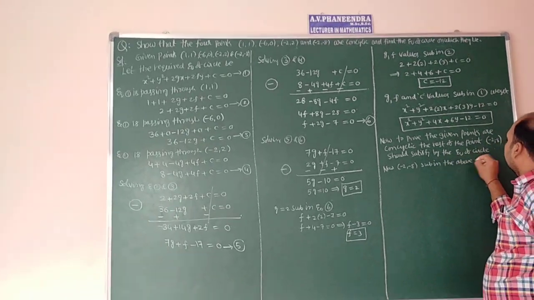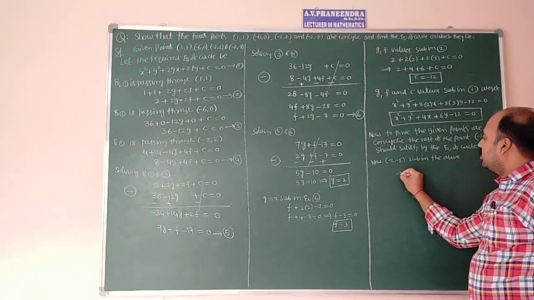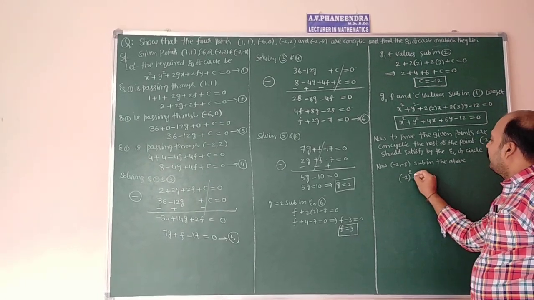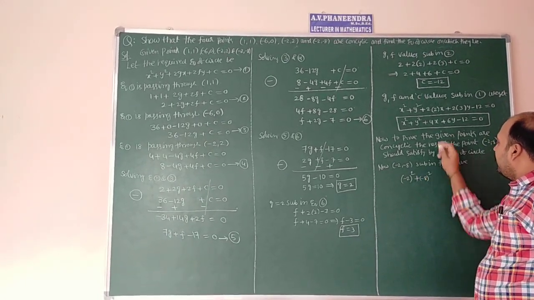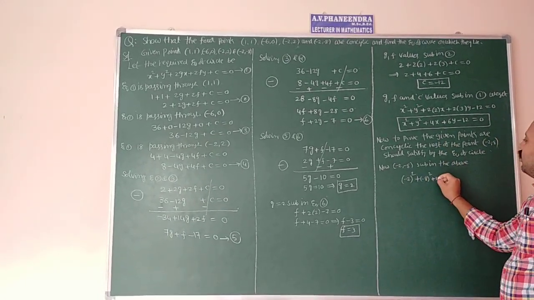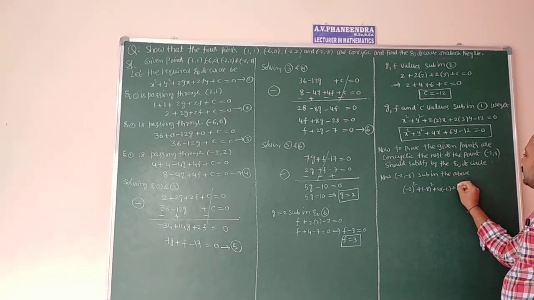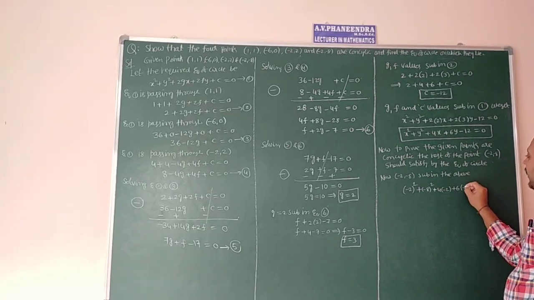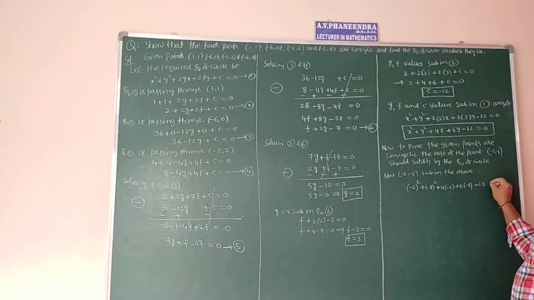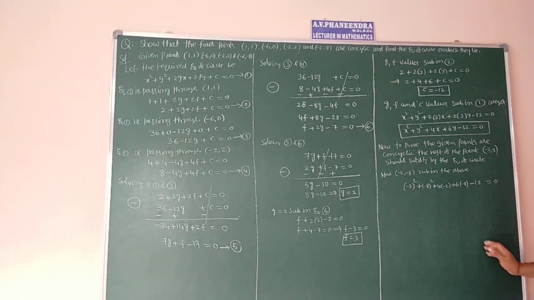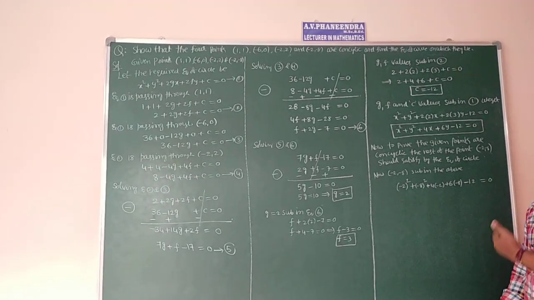So minus 2 whole square plus minus 8 whole square, wherever x is there, 4 into minus 2, plus 6 into minus 8, minus 12 equal to 0. If you prove 0 equal to 0, then the points are concyclic.